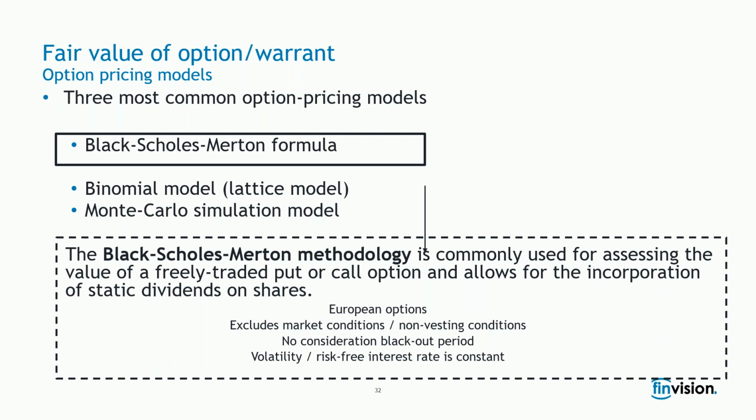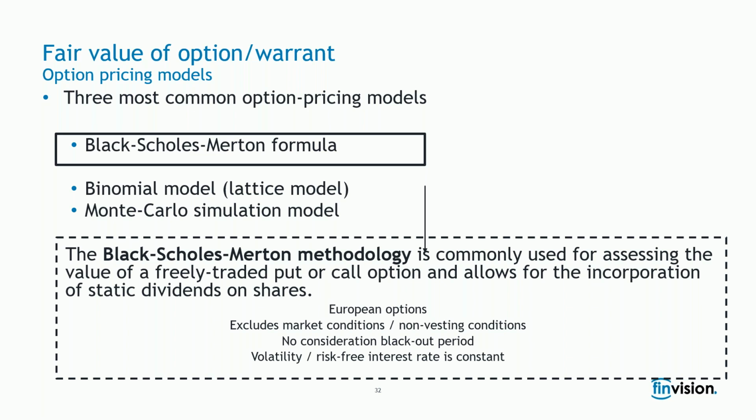It needs to be a very standard option. We will see that later on. There's no consideration for a blackout period. When you have a blackout, because I cannot exercise and I cannot sell my shares after exercise, for example, there's no consideration paid for it. You cannot foresee that, although that's not very common.